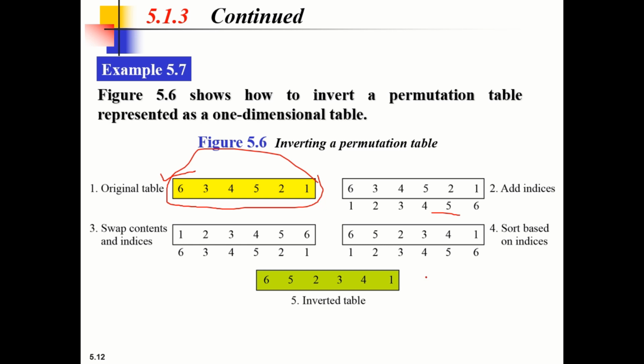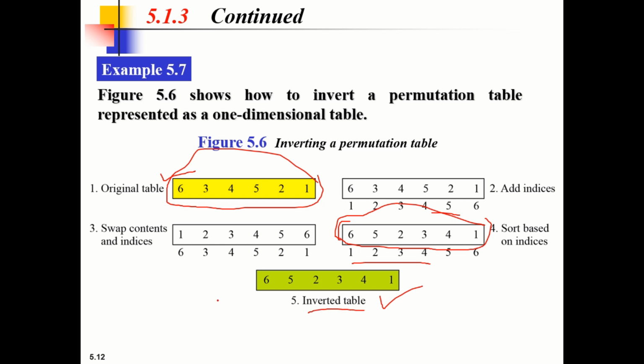So after sorting the indices and this table, what we have got is these entries for the table. This is the table which we will be using at the decrypting end. So we call it the inverted table, right?